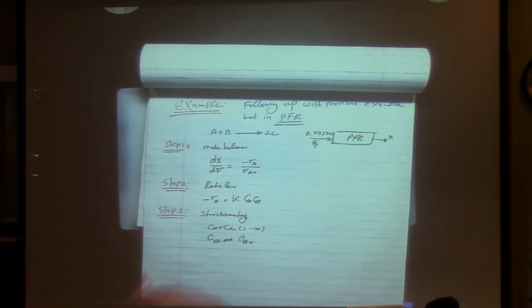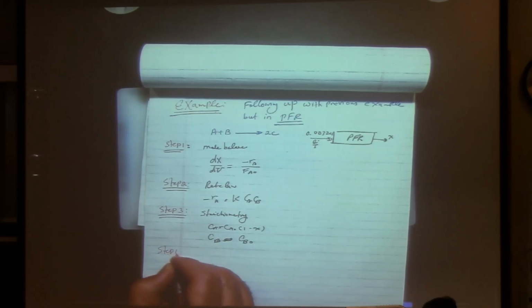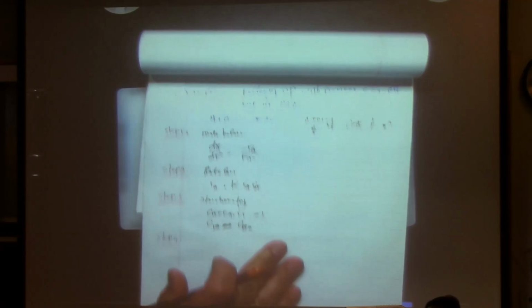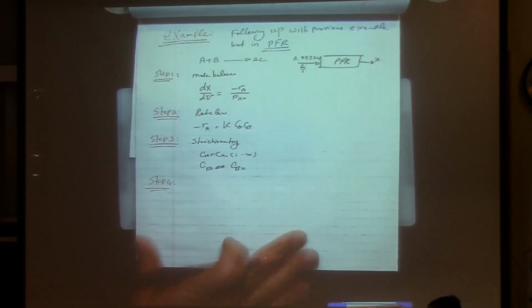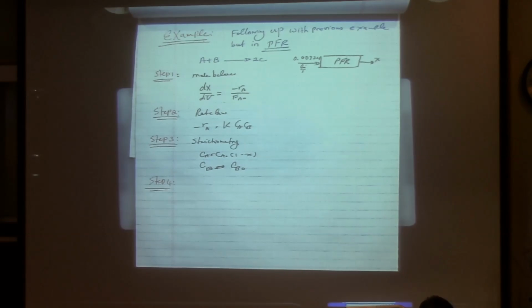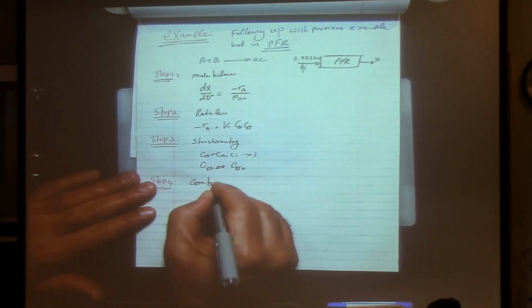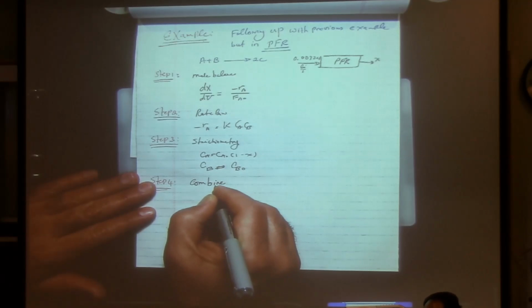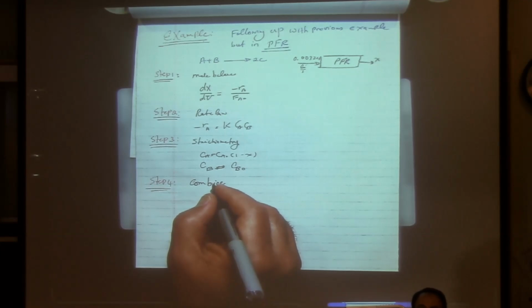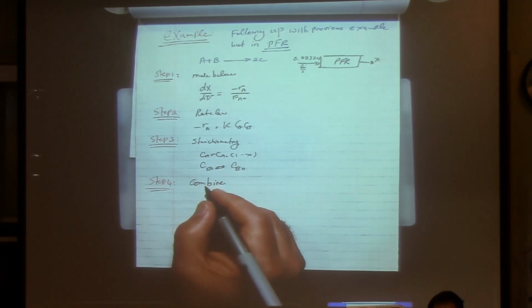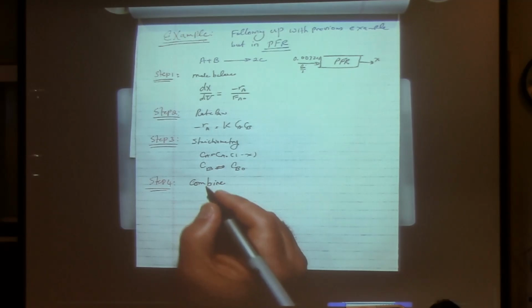Okay, step 4. We are going to combine these equations. Again, keep in mind that if you do it analytically, you need to combine. If you use software, you don't need to combine the equations.